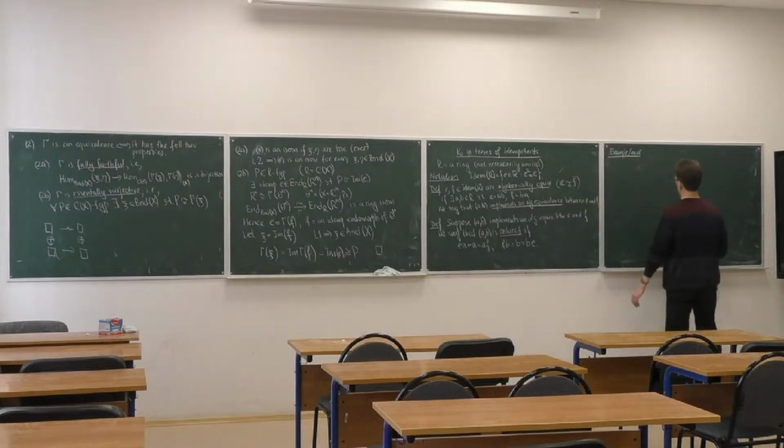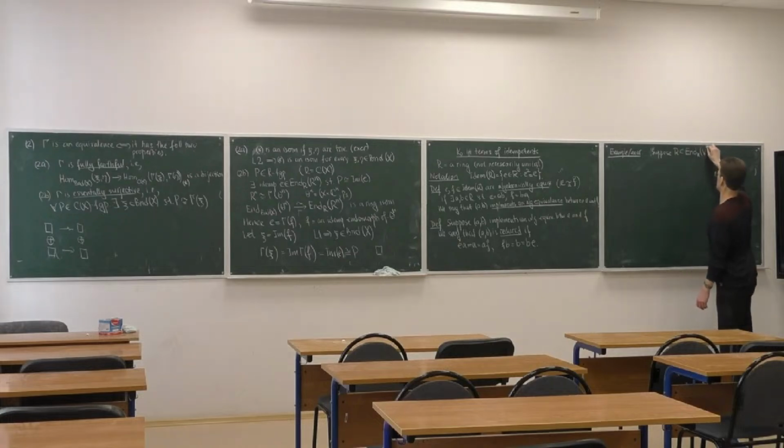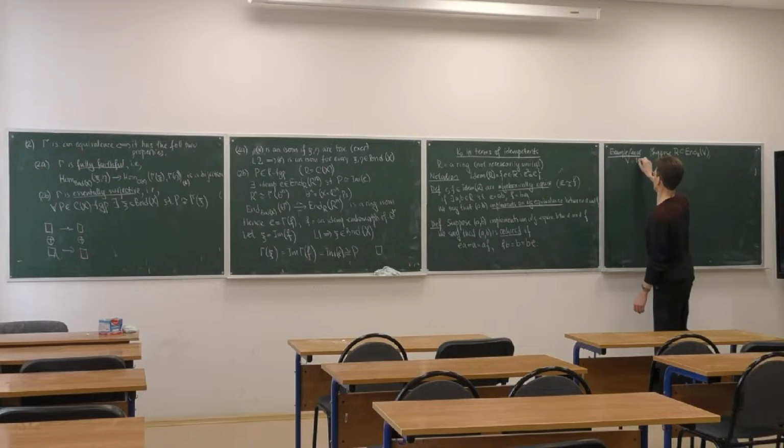Suppose that R is a subring of the ring of linear operators on a vector space over an arbitrary field k. So V is a k-vector space.